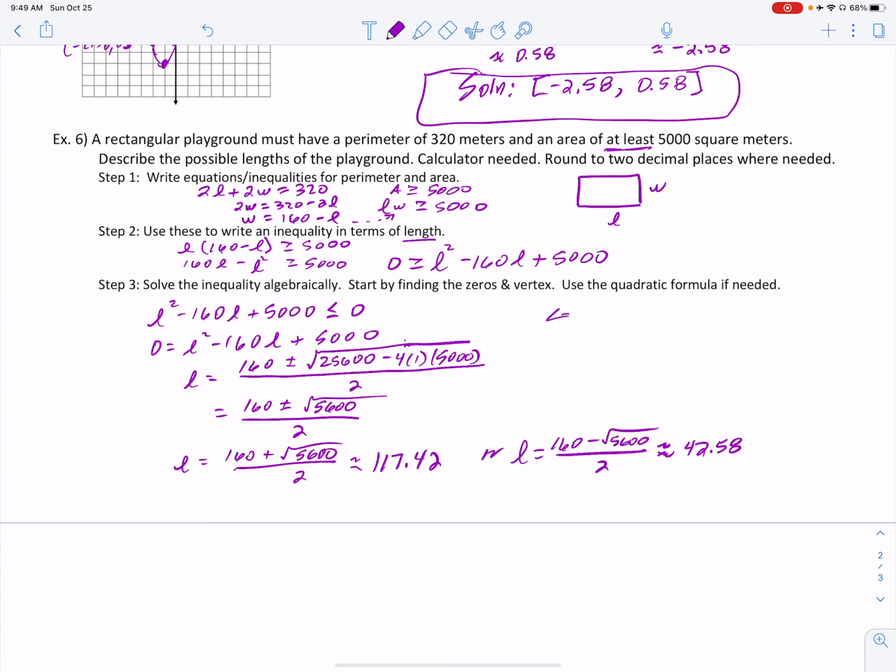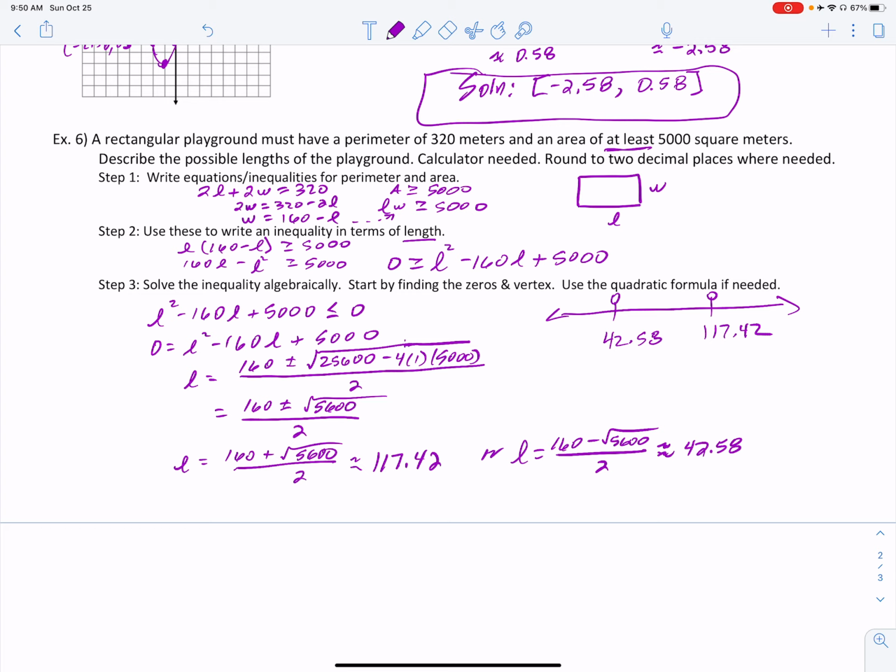So if I had a number line, I'd have the 42.58, and then I would have the 117.42, and those make that expression 0. And so I want it to be at least. And in this one, you could do test numbers in each category.